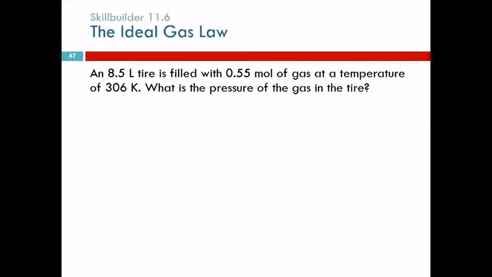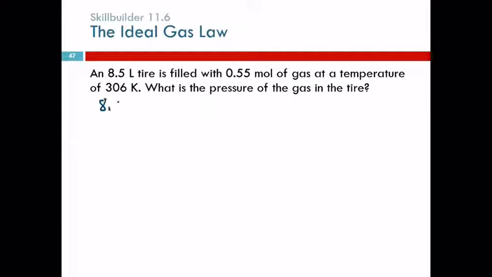Let's do another one. An 8.5 liter tire is filled with 0.55 moles of gas at a temperature of 306 Kelvin. What's the pressure of the gas in the tire? I'm going to approach this one a little bit different. I'm just going to write down the numbers and label them. You can make the table.